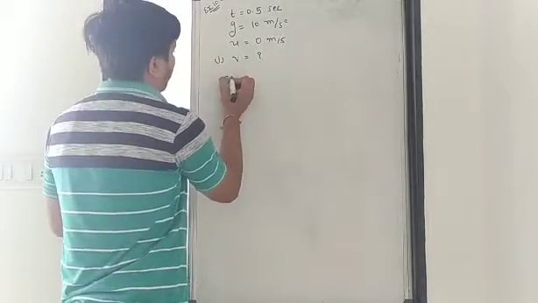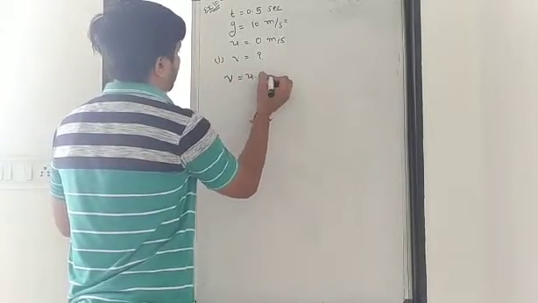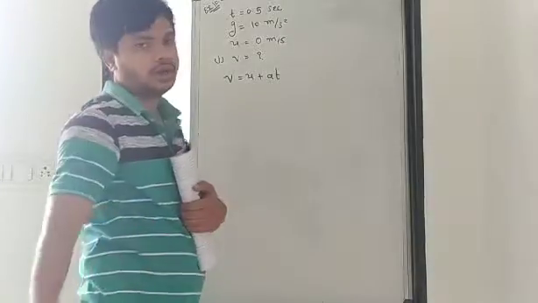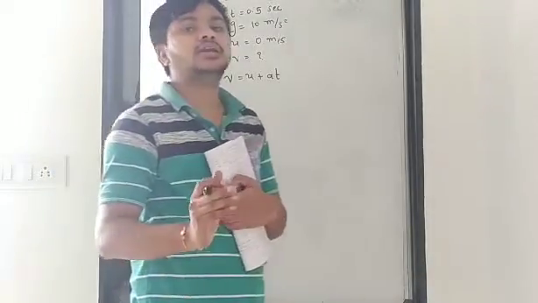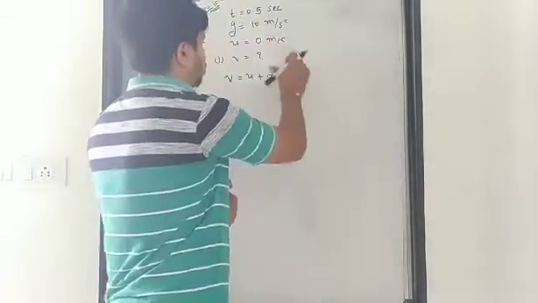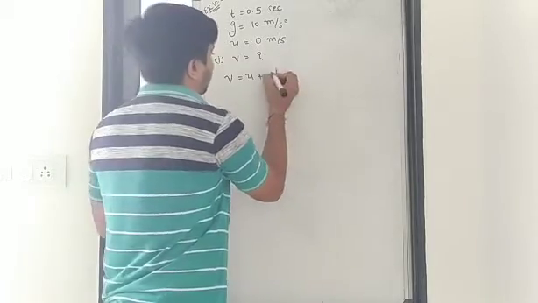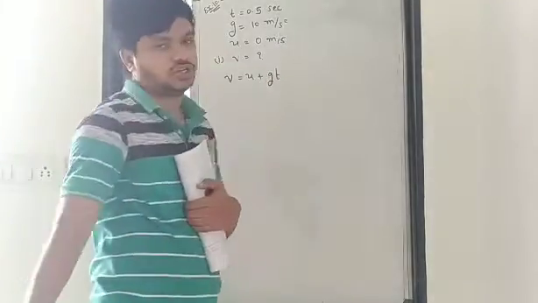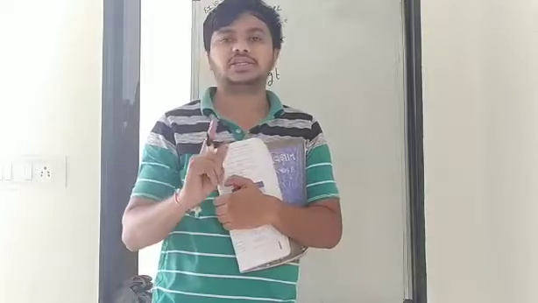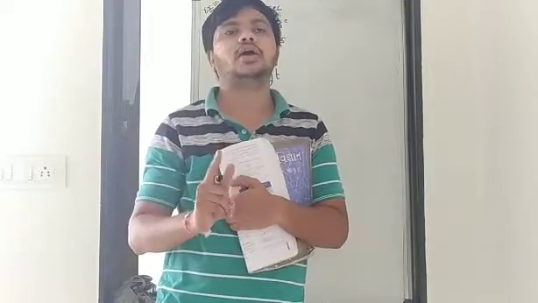So how can you find out? By using this equation, v is equal to u plus at. But as you know that here the object is free falling, so instead of a, there is a gravitational acceleration which is g. Instead of acceleration, we are always taking the gravitational acceleration here.